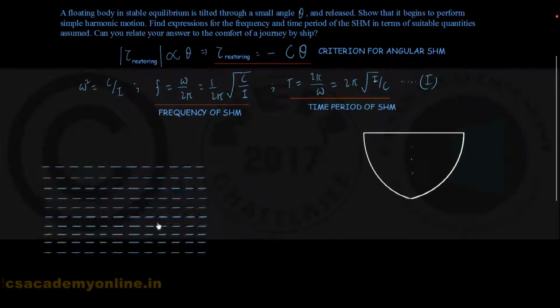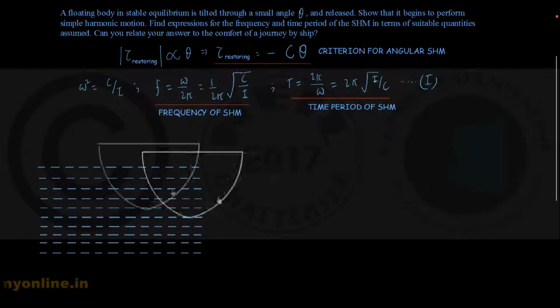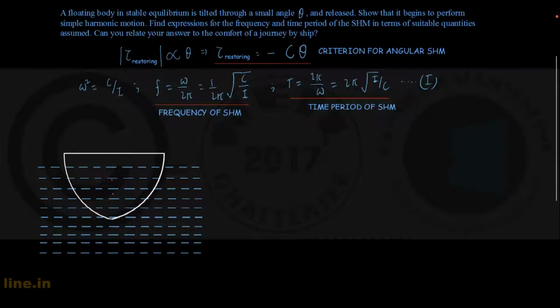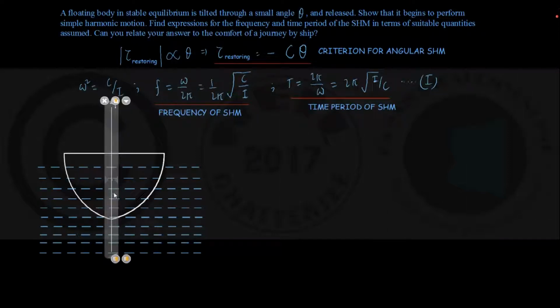Returning to my question, we shall now show a body in stable equilibrium as it floats in a liquid. I draw the center line, that is the axis of symmetry, on which we take as usual the center of gravity a little higher and center of buoyancy a little lower position.